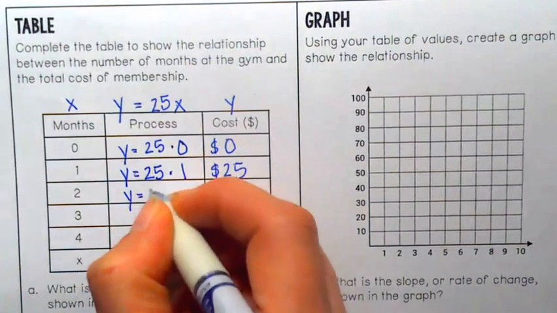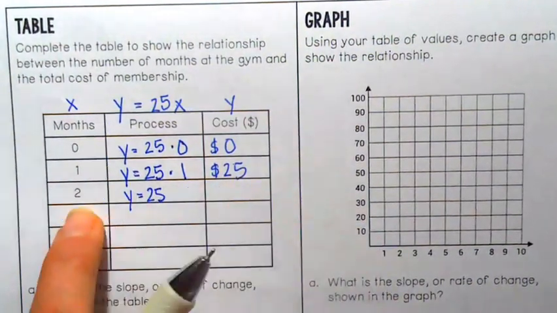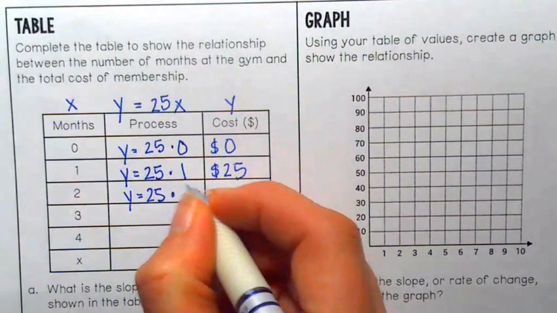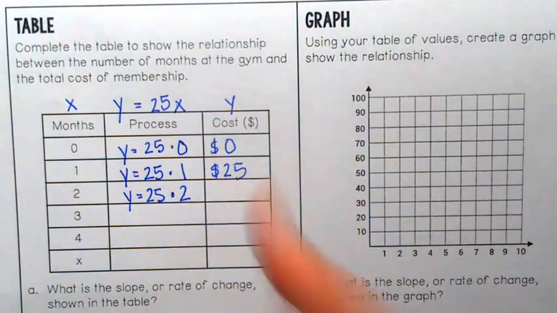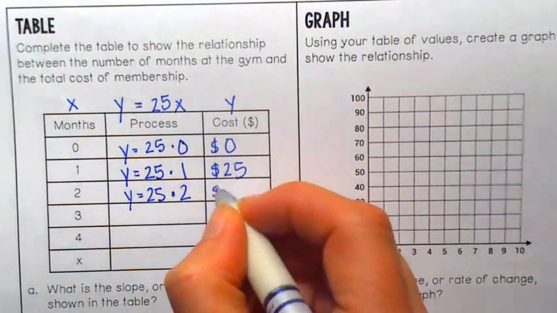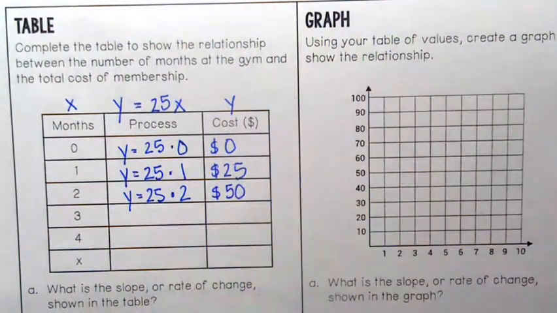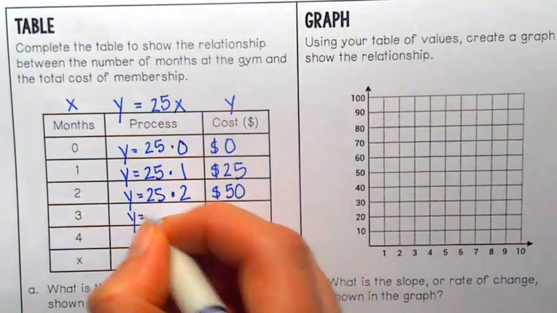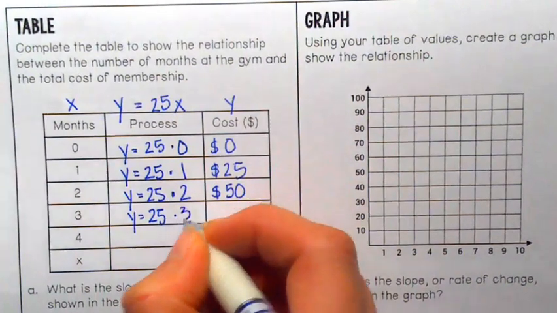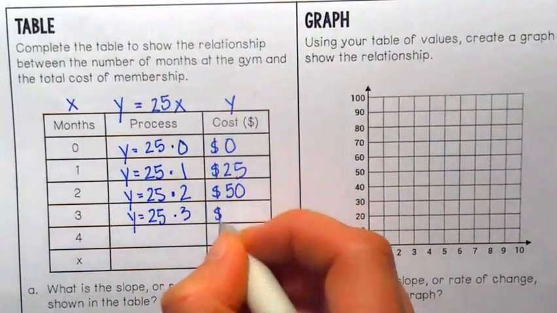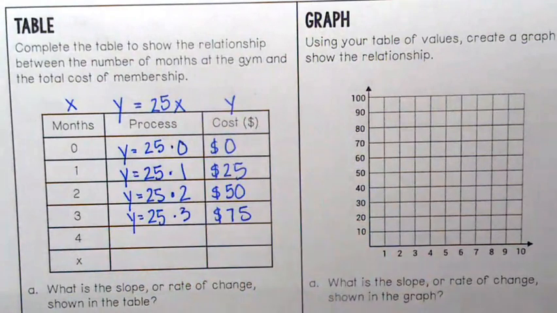Y equals 25. And now we're looking at 2 months. So $25 a month for 2 months, 25 plus 25, or 25 times 2 is 50. Here we would take our monthly rate, multiply it by 3. 25 times 3 is 75.